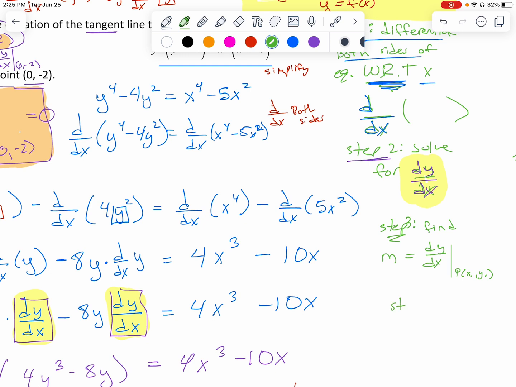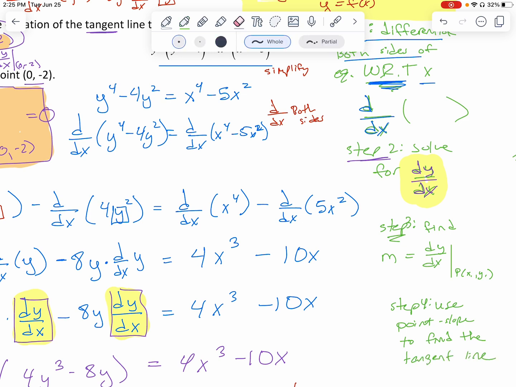And then step 4 was to use point slope form or just the horizontal line to find the tangent line. So we don't necessarily have to use point slope form. We could have just used the point and the fact that it's a constant function. So use the point and slope, however you see fit.